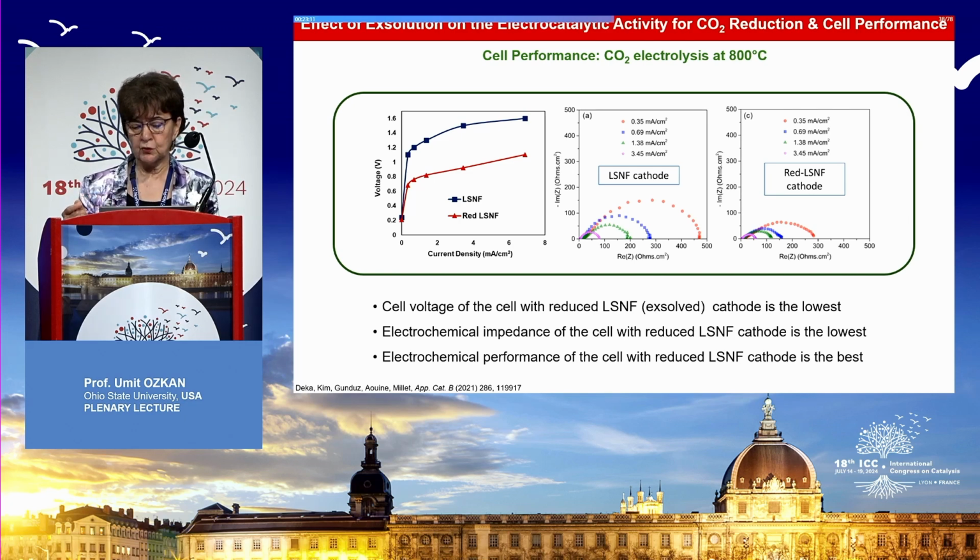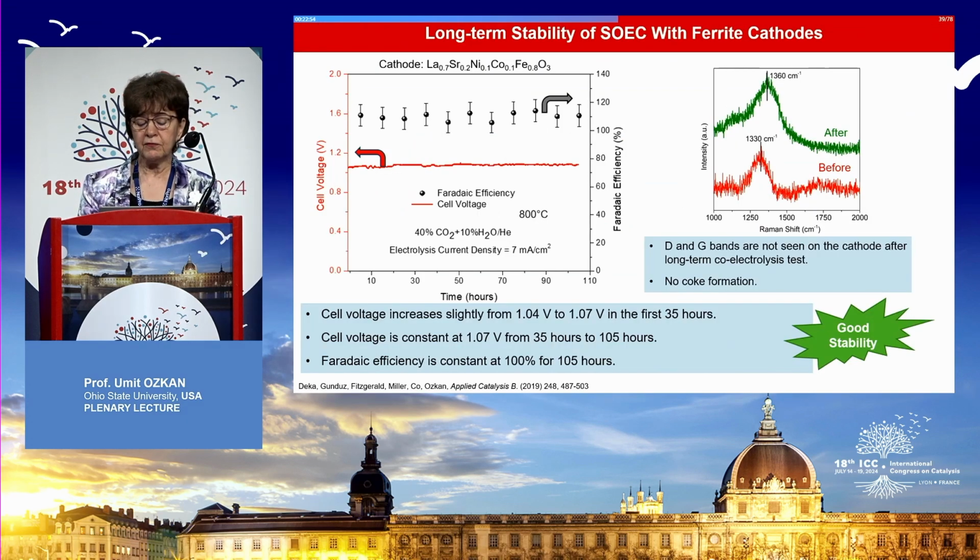And for those of you who are not familiar with the impedance, the radius of the arc really represents the resistance, and the smaller it is, the less resistance we have, and this is what's happening in this case.